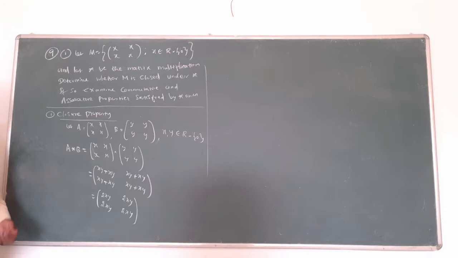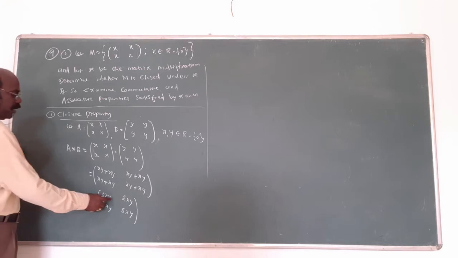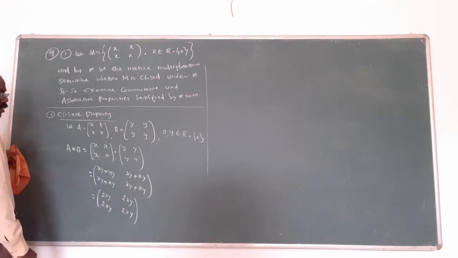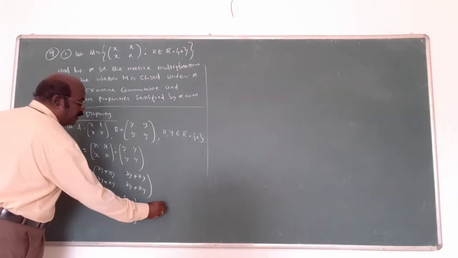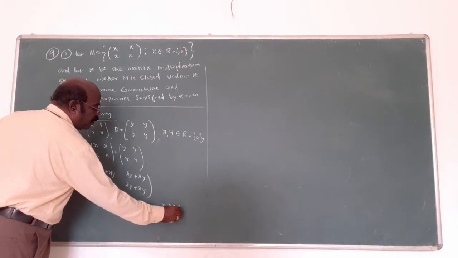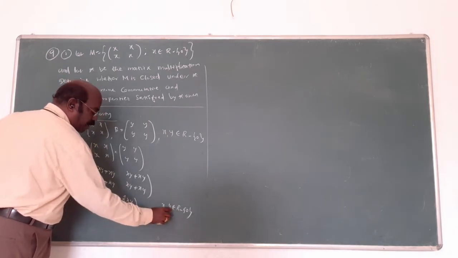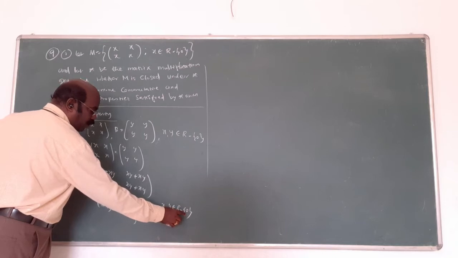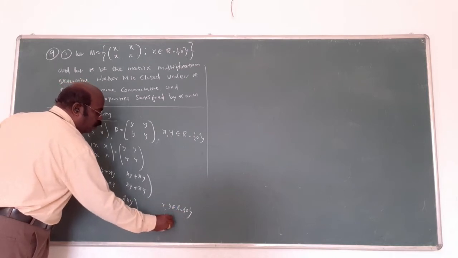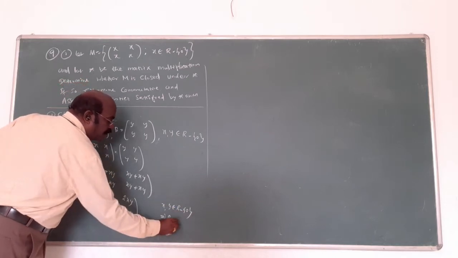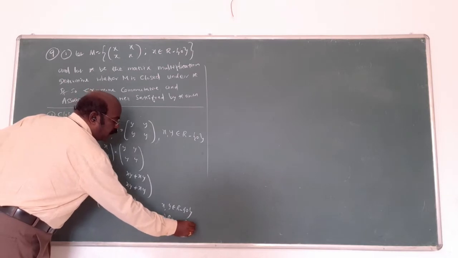Am I right? Very important. I started with A and B, then multiplied both, and they give 2xy in all four places. Now since x, y belong to R minus 0, 2xy also belongs to R minus 0.